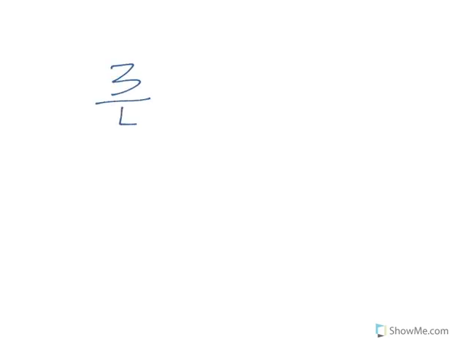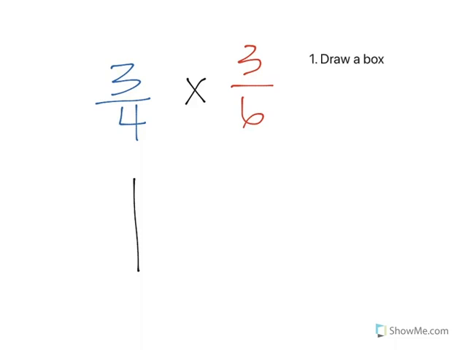We have 3/4 times 3/6. Okay, so the first step is to draw a box. So let's go ahead and do that. We're going to draw a box. Okay, the second step is to look at the denominator in the first fraction, and that is how many columns you are going to make.